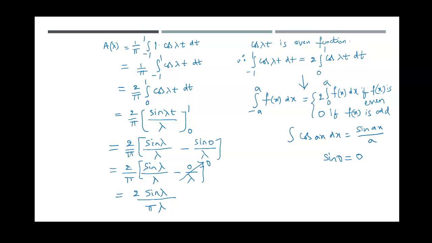Now let us find b lambda. Here b lambda equals 1 by pi integral minus 1 to 1 f of t sin lambda t dt. That is equal to again 1 by pi.